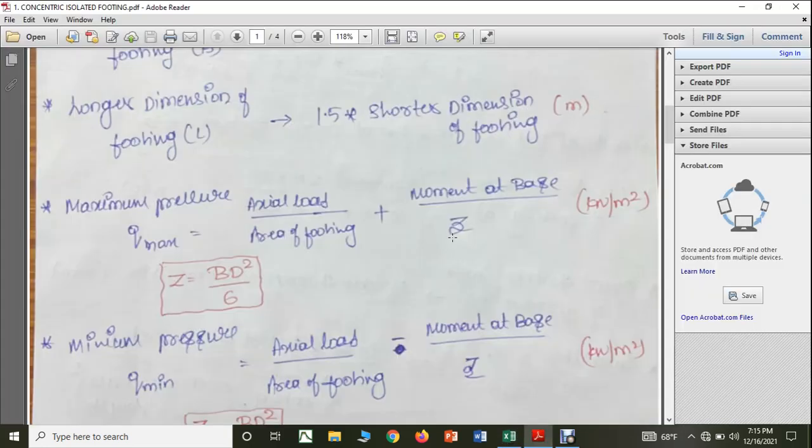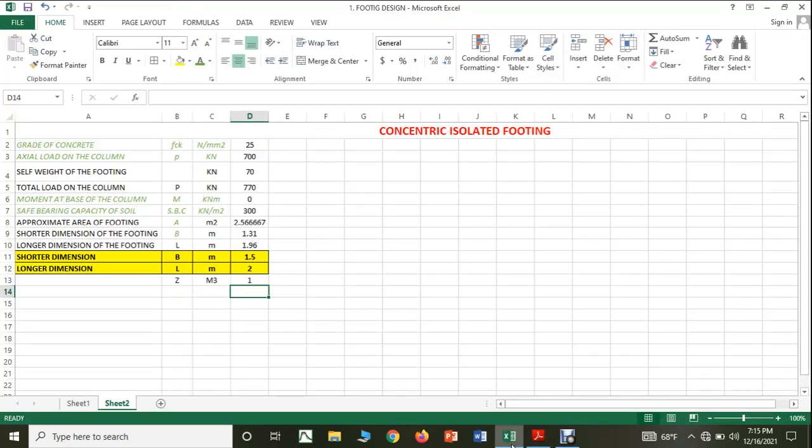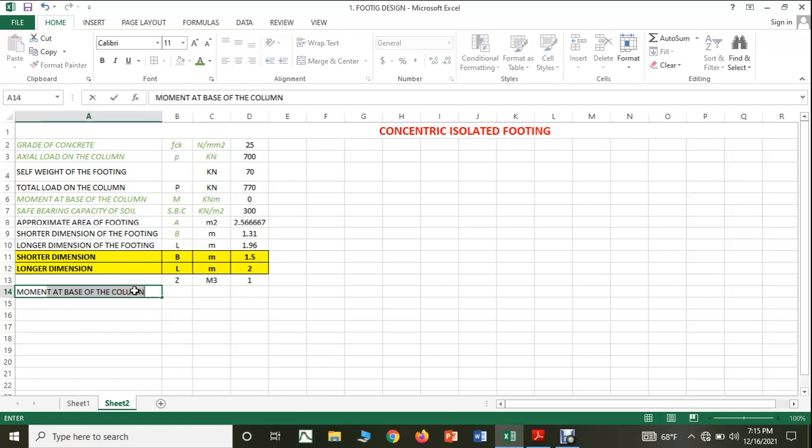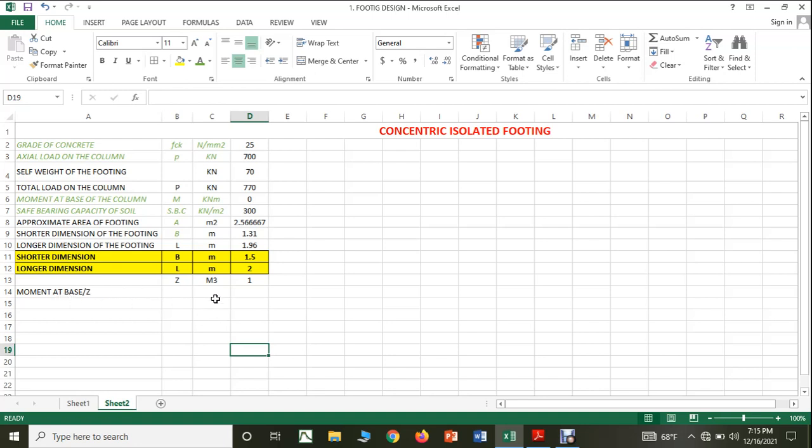Then you write down moment at the base divided by Z. Okay, that is one component. So I calculated Z here. Then you can write moment at the base divided by Z. Usually the moment at the base will be in kilonewton meter, Z will be in meter cube.